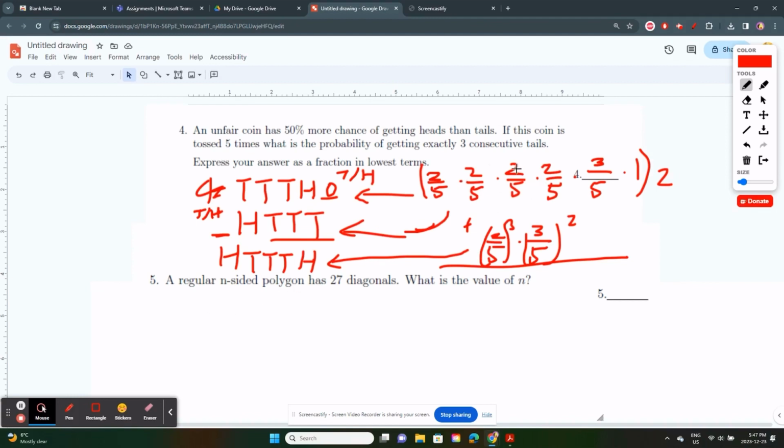When you're adding this up, I have one too many of these, don't I? Okay, so I have 1, 2, 3, right? 3 heads on the top, and then a 3/5 here.